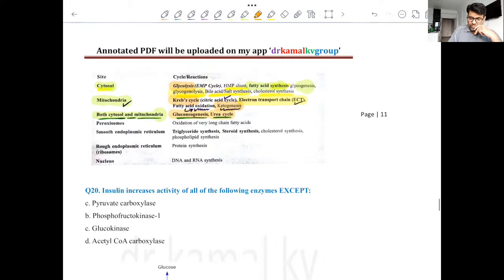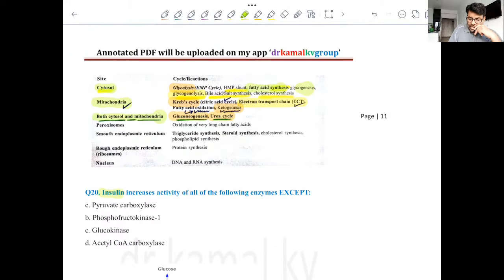Now moving forward, insulin increases activity of all the following enzymes except. So it means we have to answer one enzyme which insulin does not like at all or which insulin does not favor at all. Now to answer questions like this, firstly you have to understand what is the action of insulin.